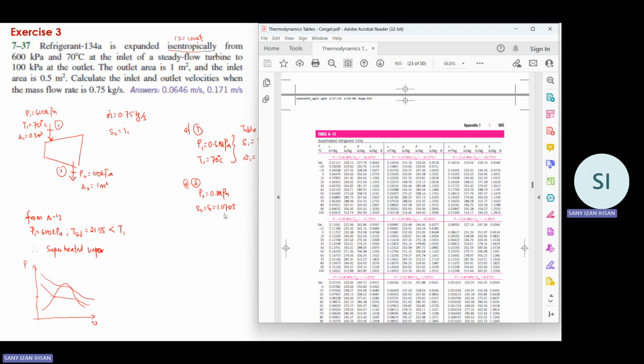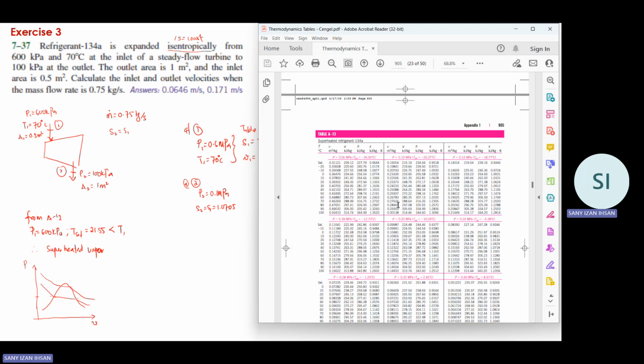S is 1.0705, yeah, somewhere here. It is still in the superheated region. So we have at 10 degrees Celsius 1.0628, and at 20 it is 1.0918. So 1.07 should fall in between these two values. Now we have to interpolate.